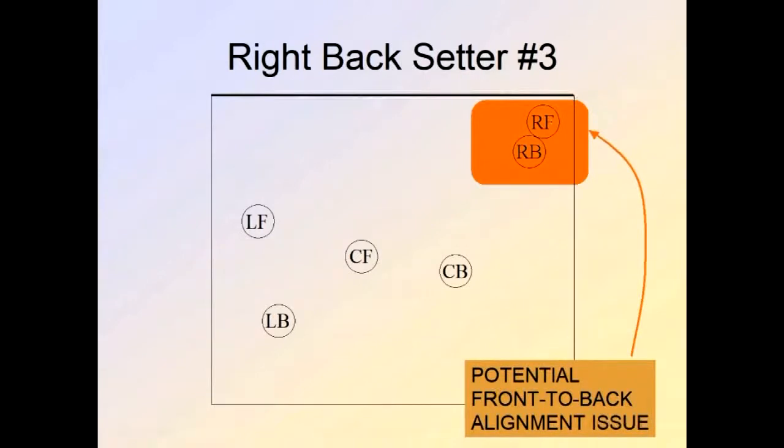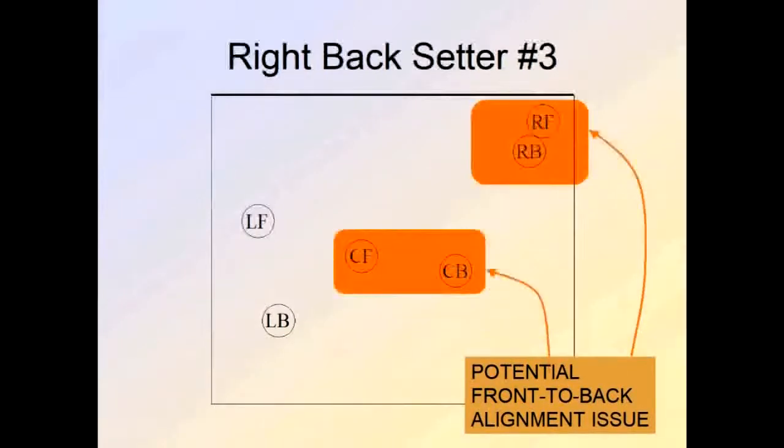Further in this diagram, you will see that the center front has pulled back in front of the center back player to become a primary passer, and they could potentially have a front to back alignment issue with the center front player and the center back player.